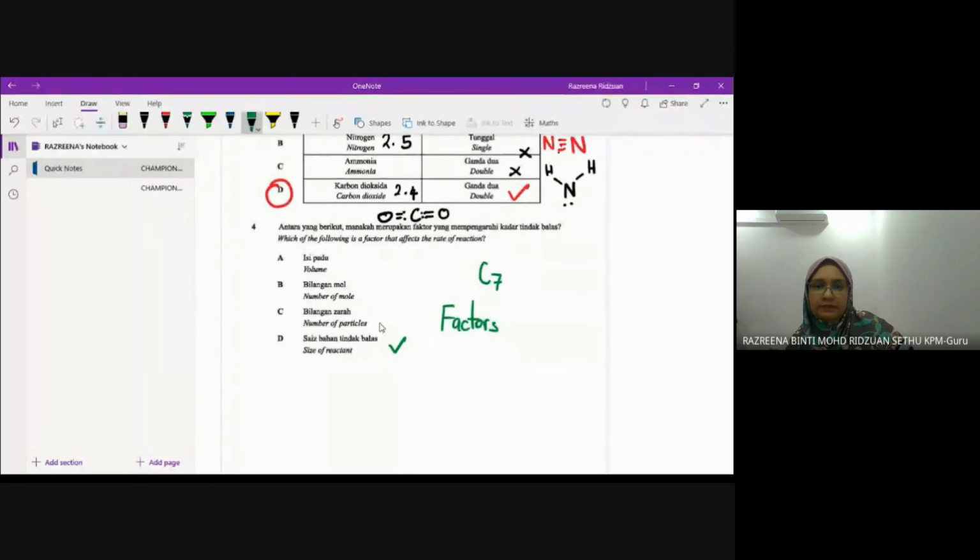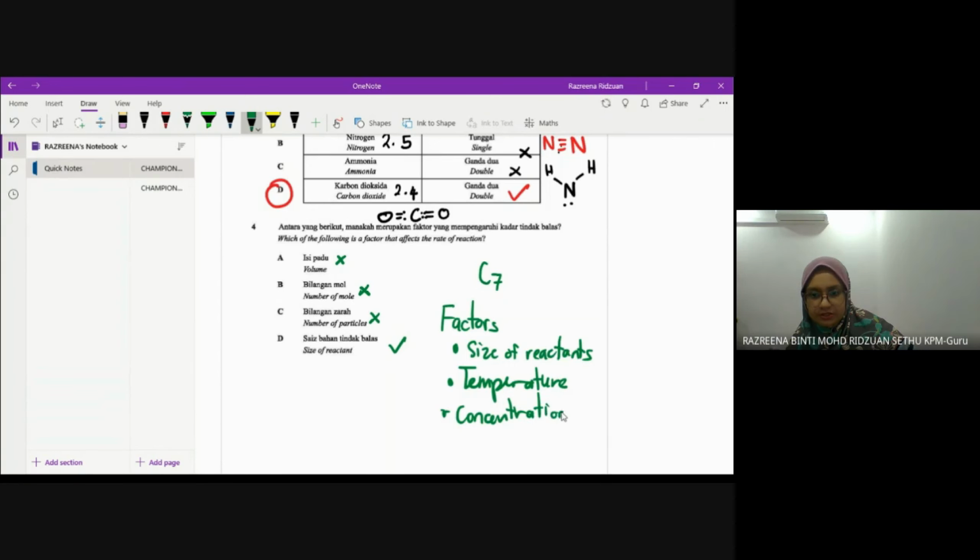Number of particles, no. Number of moles, no. Volume, no. Then next can be temperature, then concentration. Then you can have pressure if your reactant is in gas state, and lastly the presence of catalyst. So A, B, C are wrong. Answer is D.